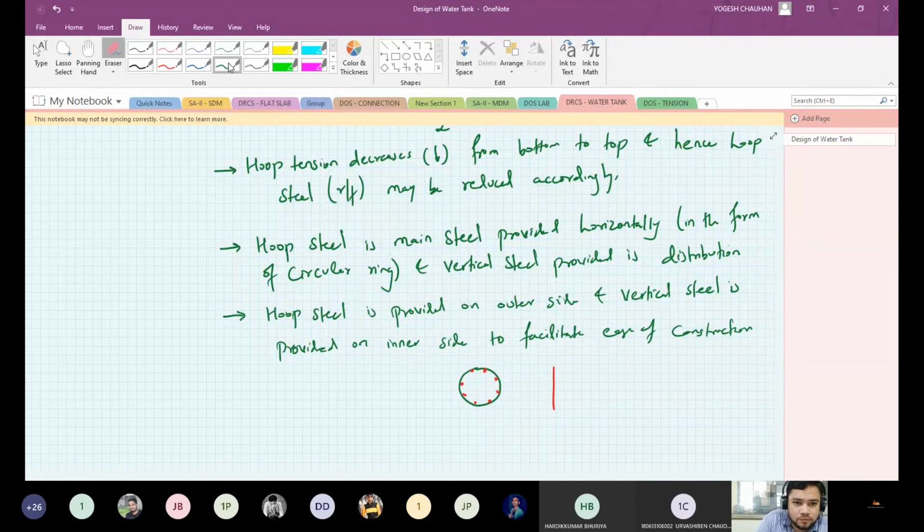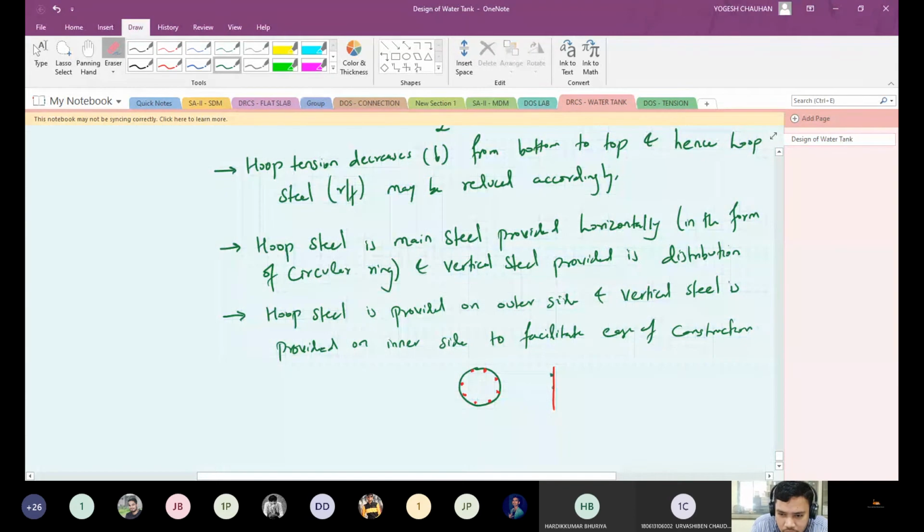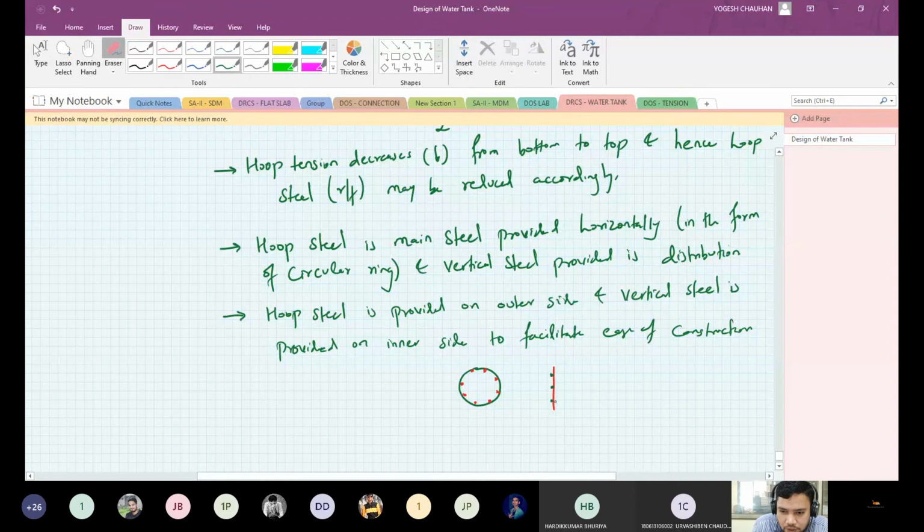And in elevation, this will look like this. The outer dots are the hoop steel.